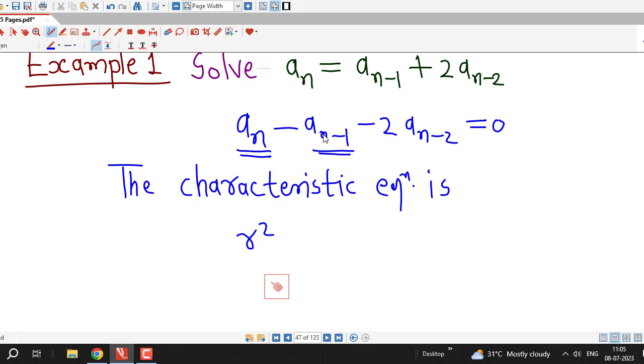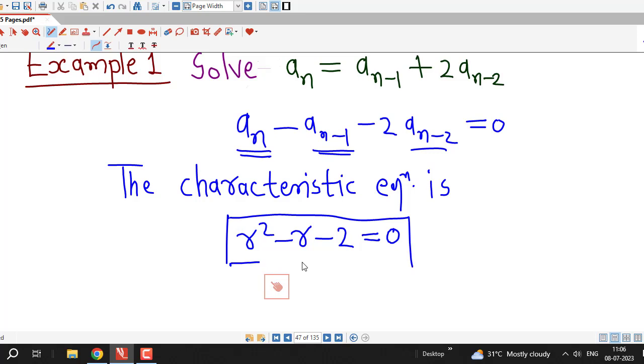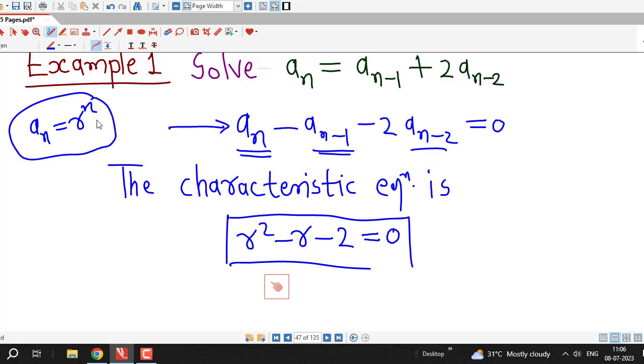Here coefficient of an minus 1 is minus 1, so we write minus r, and minus coefficient of an minus 2 into r raised to 0. So this is the characteristic equation corresponding to this recurrence relation. If you are not comfortable in writing directly, what you can do, substitute an equal to r raised to n in this equation and then divide by lowest degree term of r.